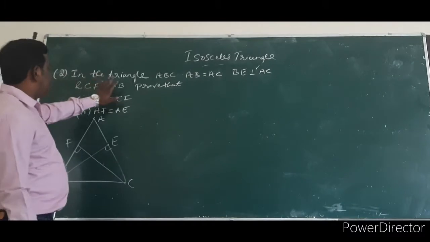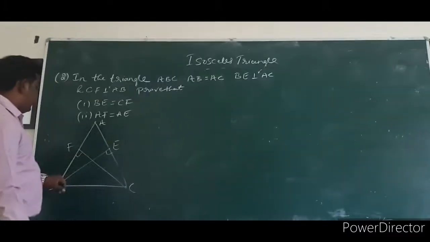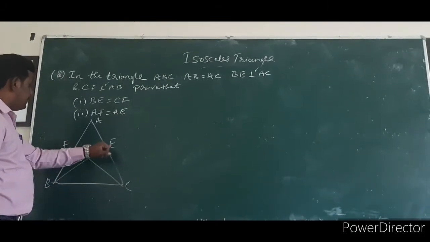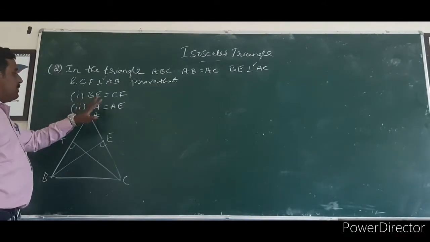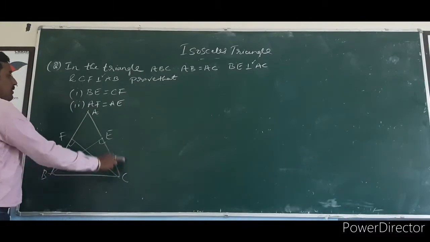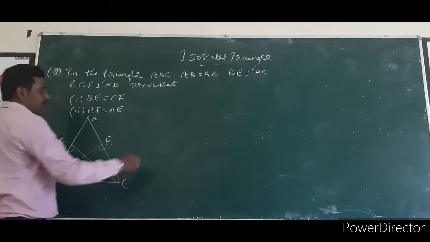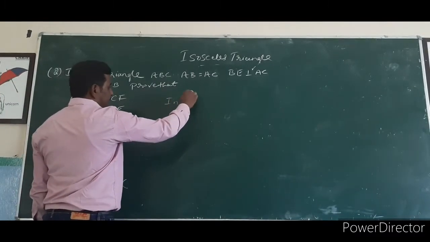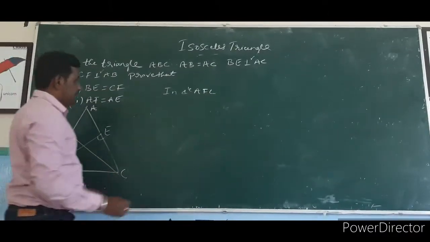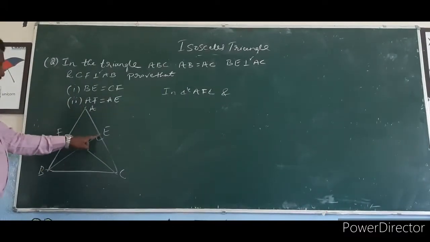In the second problem, in triangle ABC, AB is equal to AC, BE is perpendicular to AC, and CF is perpendicular to AB. Prove that BE is equal to CF and AF is equal to AE. For that, I am considering triangle AFC and triangle AEB.